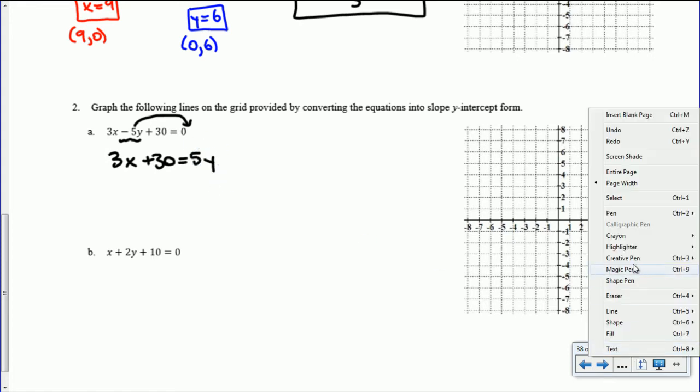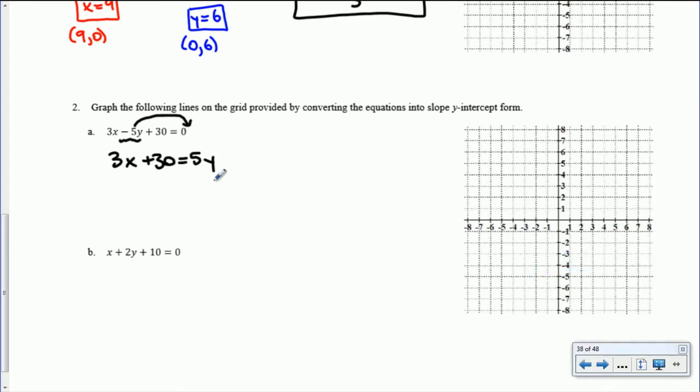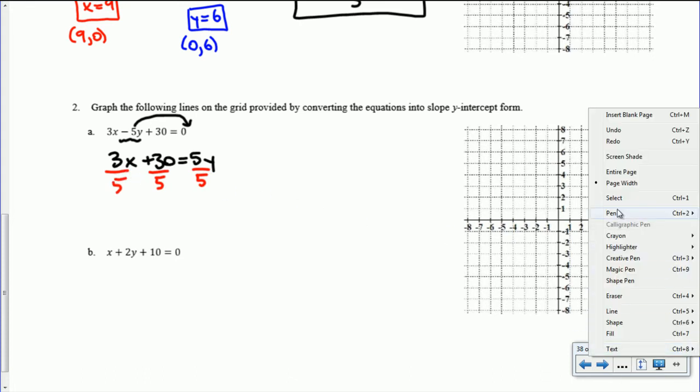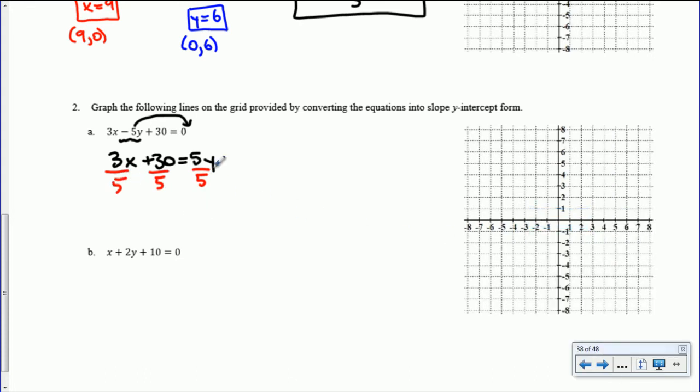So I need to get rid of that 5. I need to divide everything by 5. So y equals 3/5 x, and 30 divided by 5 is 6. So 3/5 x plus 6.